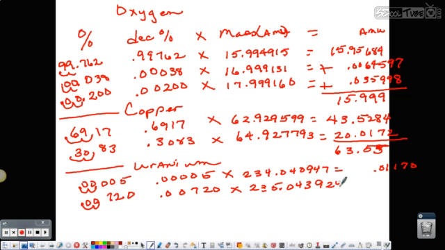equals 1.6923. The last percentage is a big percentage, 99.275 divided by 100. Move your decimal 2 places.